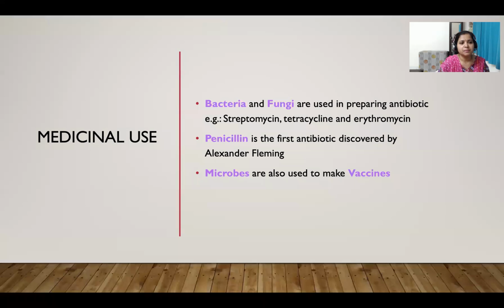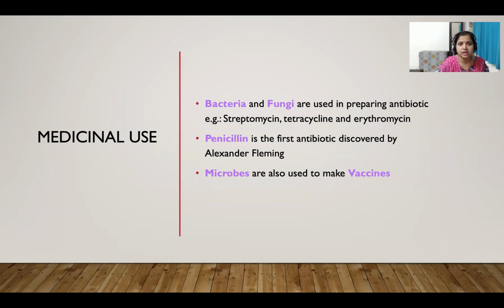Next comes the medicinal use of different microbes. So bacteria and fungi are used in preparing antibiotics. For example, streptomycin, tetracycline and erythromycin. So what are antibiotics? Antibiotics are the medicines, okay, which can kill or stop the growth of disease causing microbes.